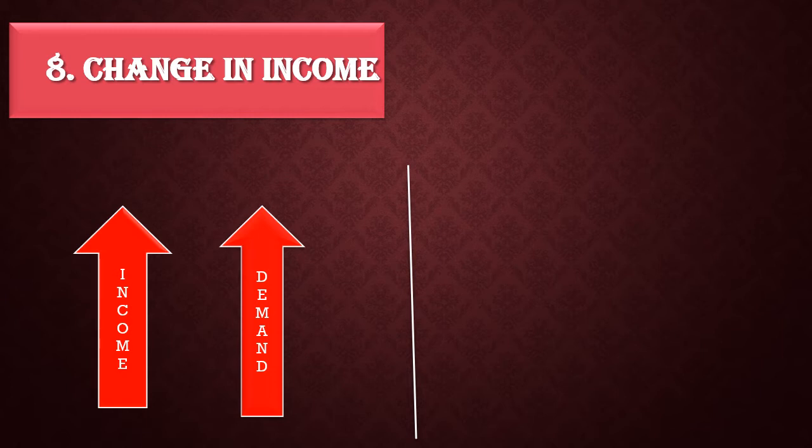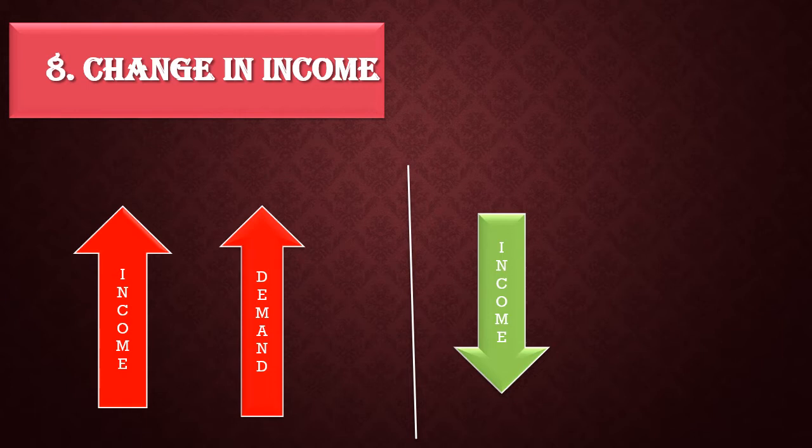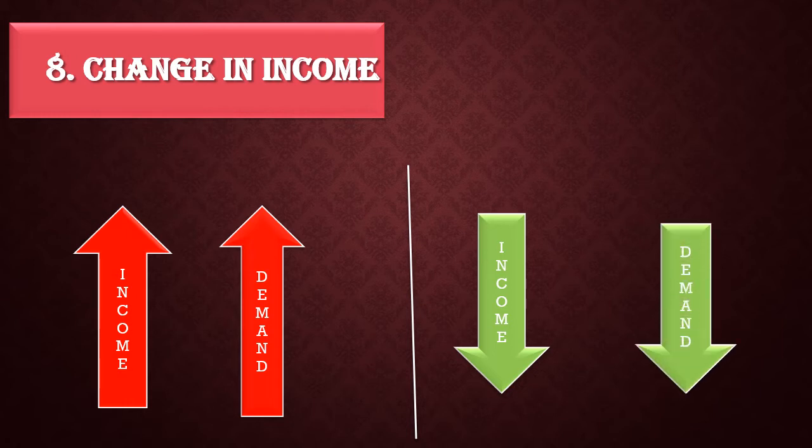And if we compare this situation with the lockdown period, there was a decrease in the income of the persons. There is a decrease in the income of so many employees because they lose their jobs. In that case, they will decrease the demand of the goods. So this is another factor. I mean, income is also a factor which affects the demand in the market.